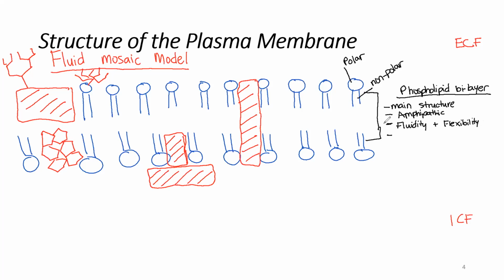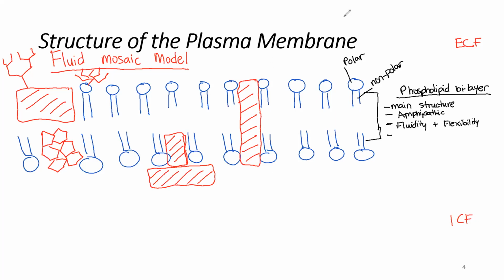And then we also know about them, they are impermeable to polar structures, but they are permeable to non-polar structures. So we talked about the fact that if a molecule is polar, it cannot exist in the center of this bilayer. A polar molecule cannot exist in the non-polar hydrophobic region within here. So therefore it cannot traverse or pass through the plasma membrane.